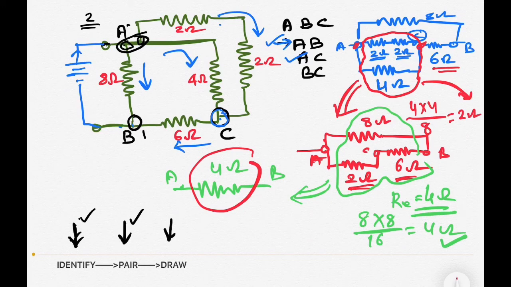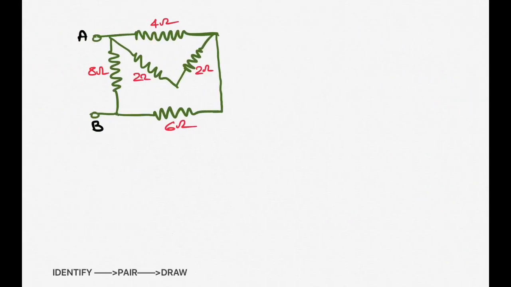So that is the way you can convert this complex circuit to a simplified circuit by using this 3-step method of identifying, pairing and drawing. Here is the third diagram out of the 3 diagrams which I showed you at the start of this video, and this third diagram also represents the same circuit.